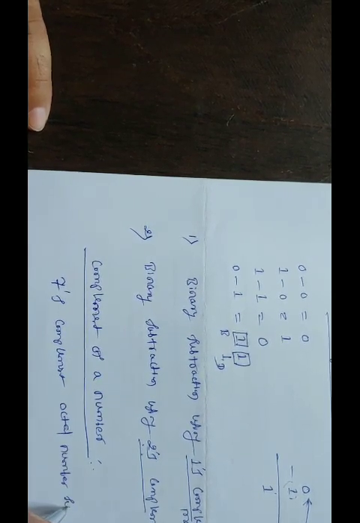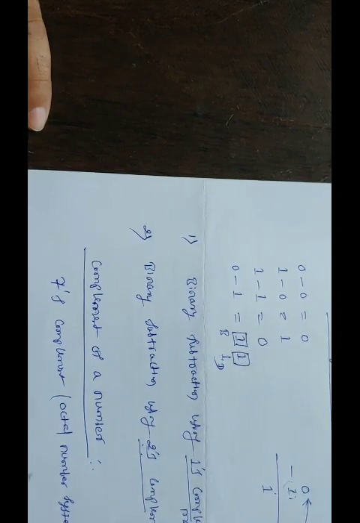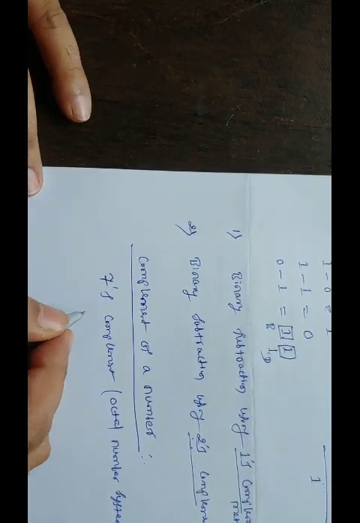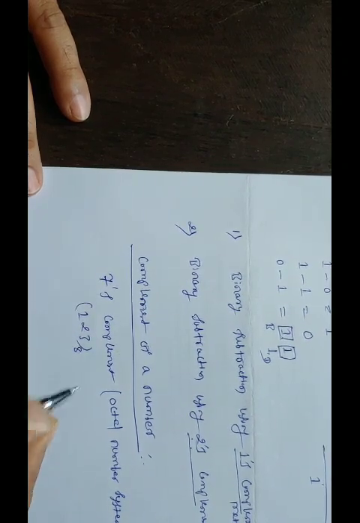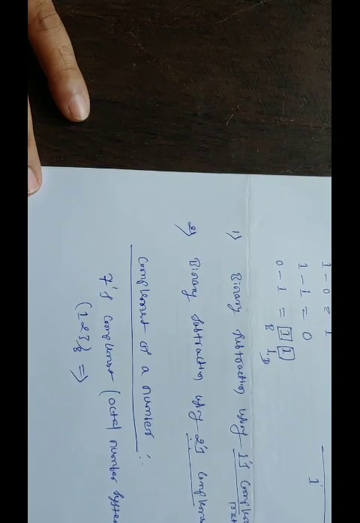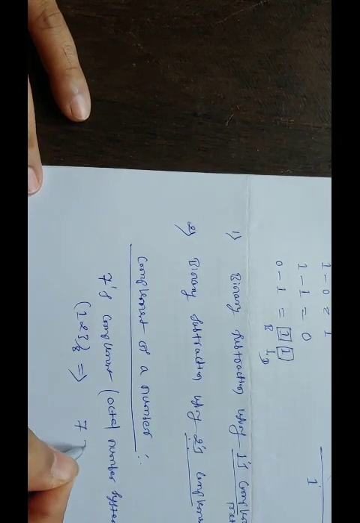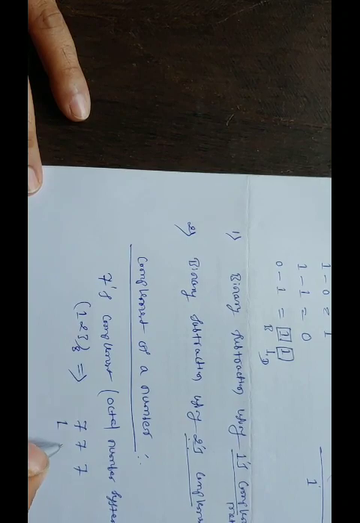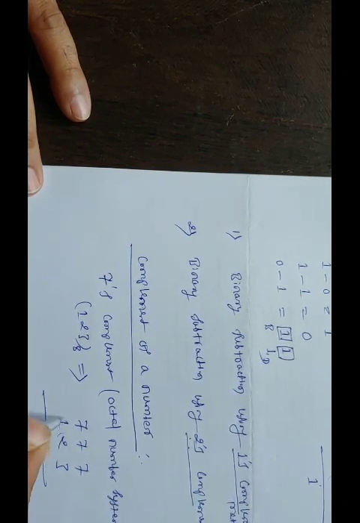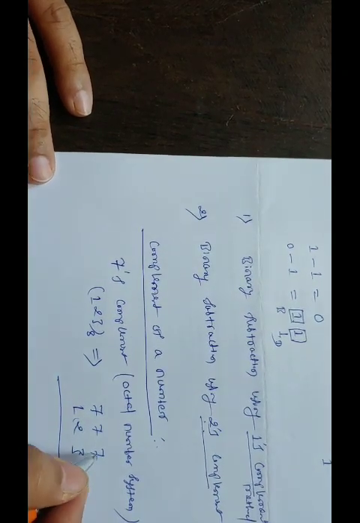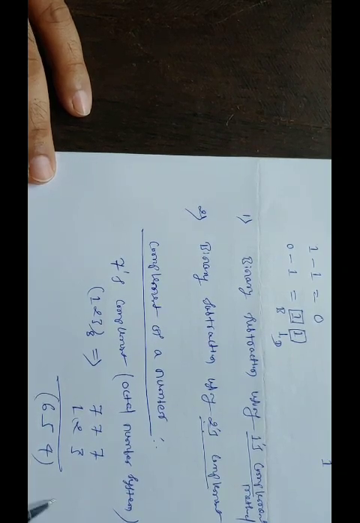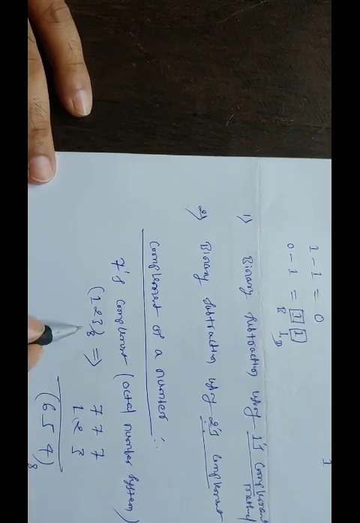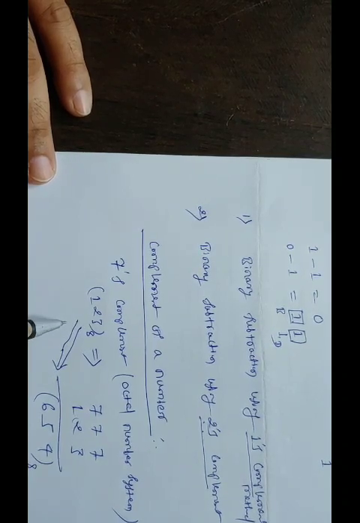Suppose I want to take a 7's complement of a number, assume it is 1 2 3 in octal number system. That means each digit is subtracted from 7. So 7 minus 3 is 4, 7 minus 2 is 5, 7 minus 1 is 6, that means 6 5 4.